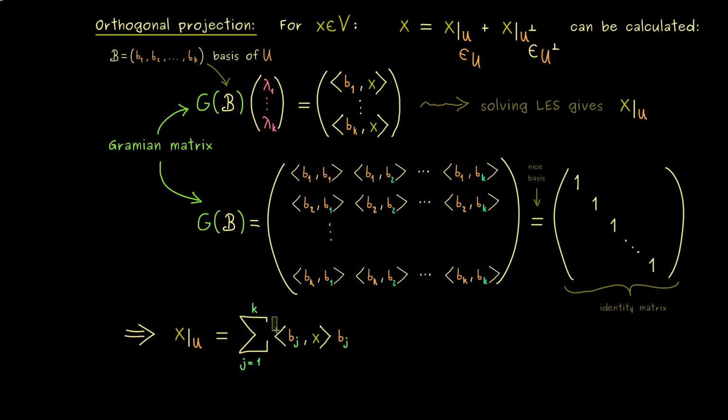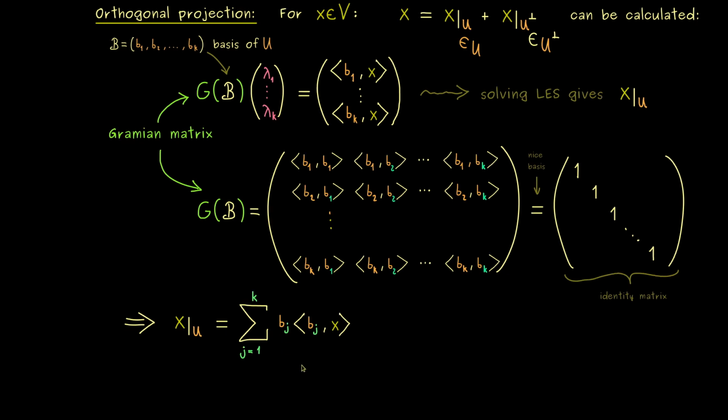And it turns out the whole thing is easier to remember if we put the vector in front and the scalar to the end. Because then you can just remember that an orthogonal projection is given by such a combination of b_j with b_j. However, it only holds for such a nice basis, and now we will call it an orthonormal basis.